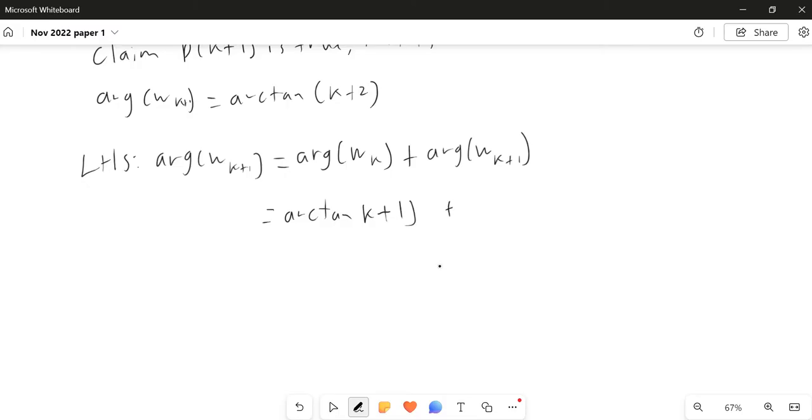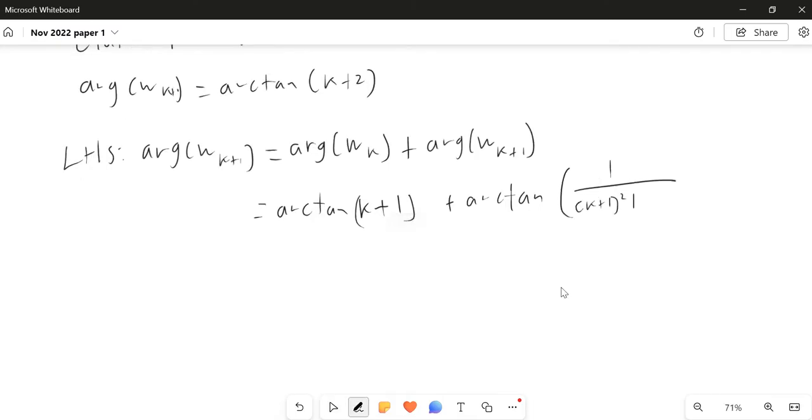And then plus arctan of 1 over n squared plus n plus 1, so k plus 1 squared plus k plus 1 plus 1.